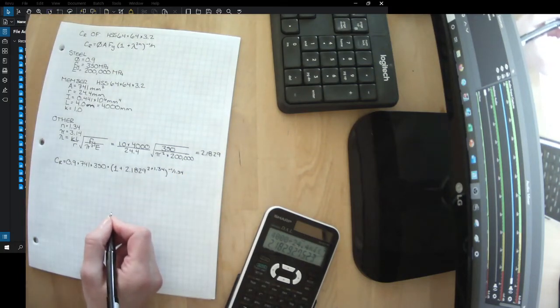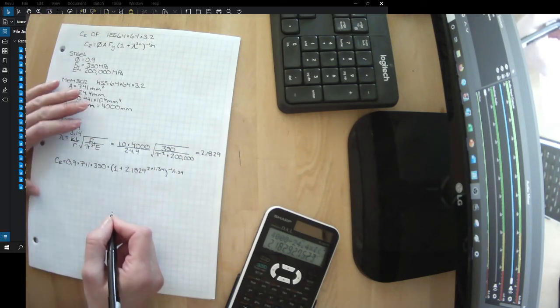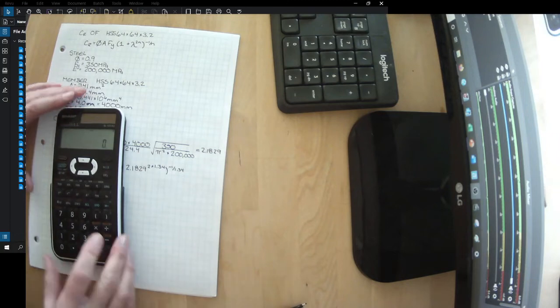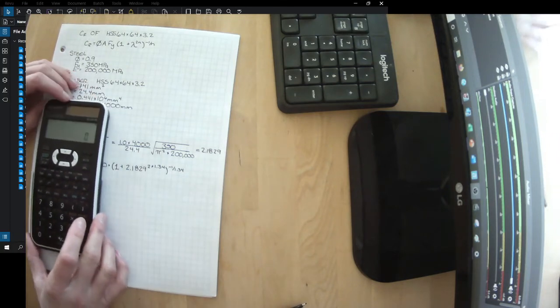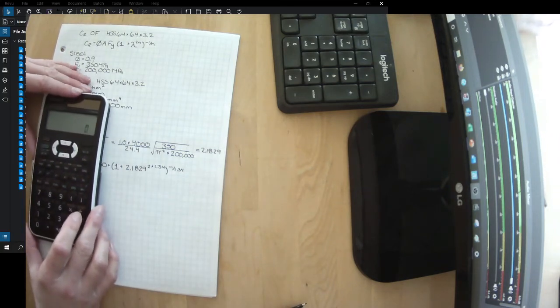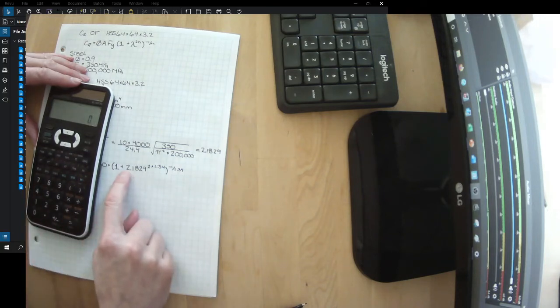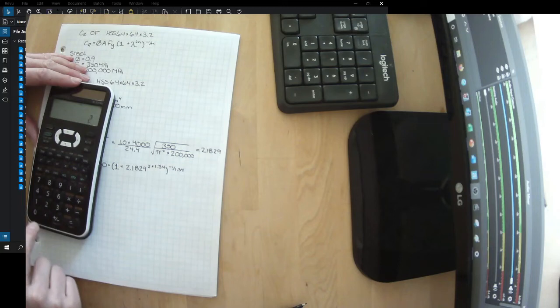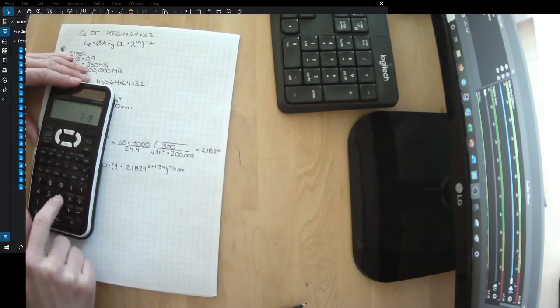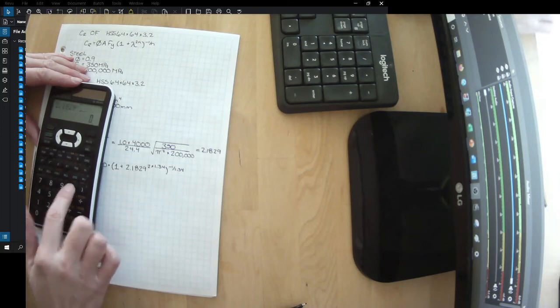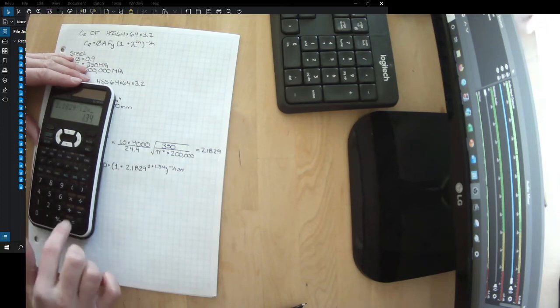Now you can calculate this in steps if you feel like. I am going to live on the edge and do it all at once. Well, no, I might do it in 2 stages. So I'm going to start with this. 2.1829 to the power of 2 times 1.34.